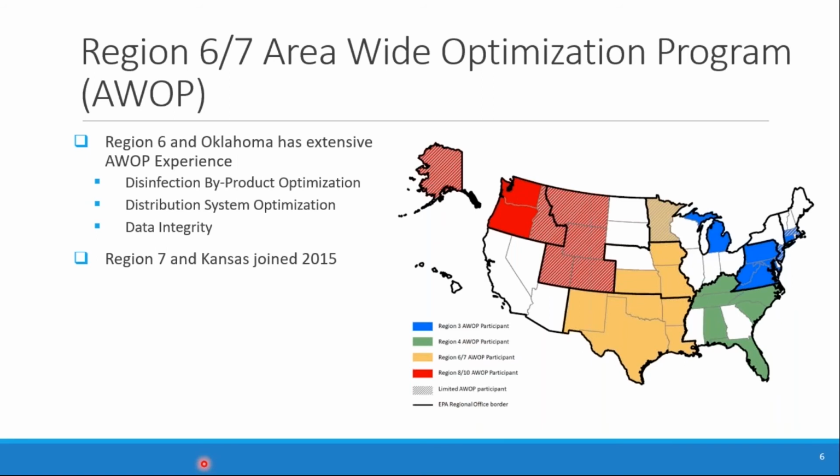You can see in the light tan map at the bottom of the United States where Region 6 is shown, and Region 7. And we thought, let's leverage our field experience in the optimization program and design training modules and do some diagnostic testing at these water systems to try to help operators on the ground with good practical management techniques to try to control DBP formation.